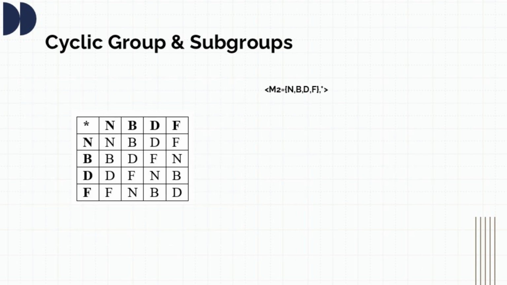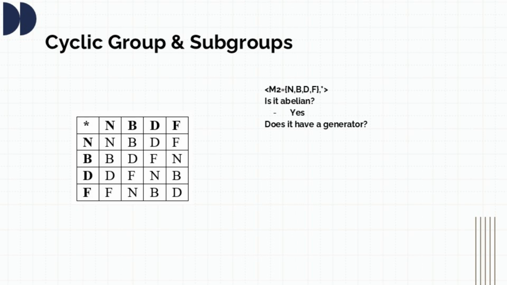Next, we have the subgroup M sub 2, the set of N, B, D, F, operated by star. Is this subgroup abelian? Yes, this subgroup is abelian because the table is symmetric along the diagonal, where for every pair of elements A and B, we have A star B is equal to B star A. Does it have a generator?